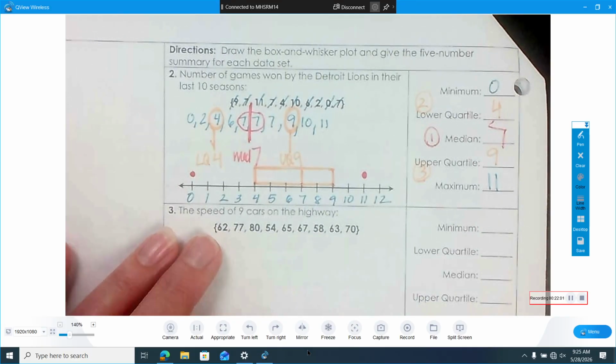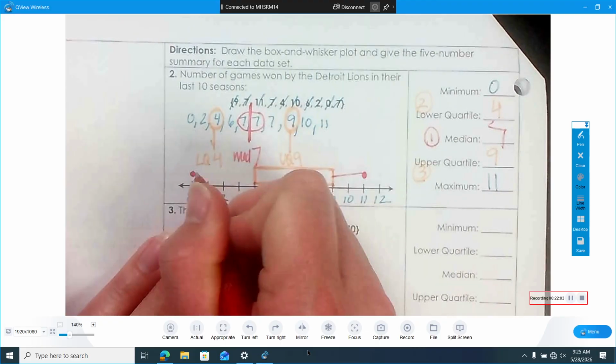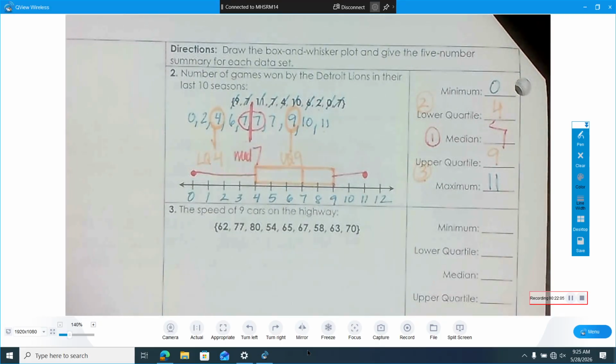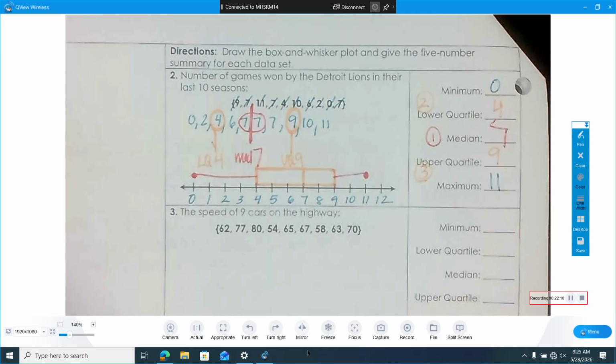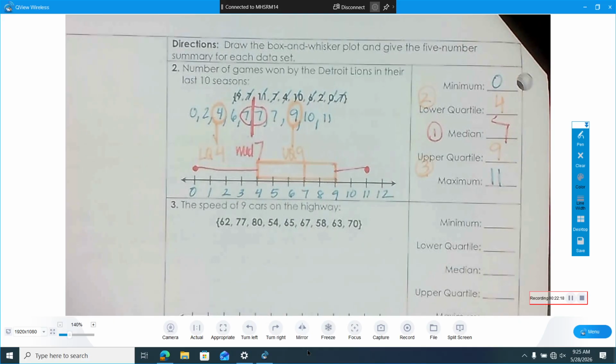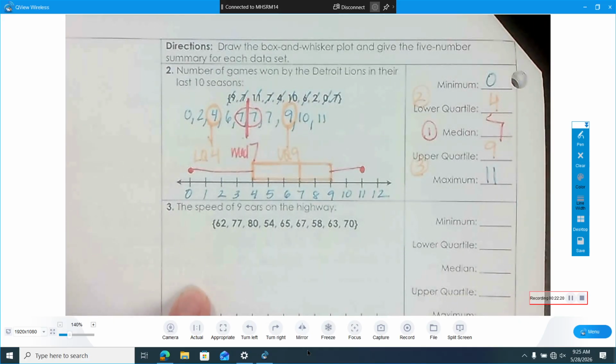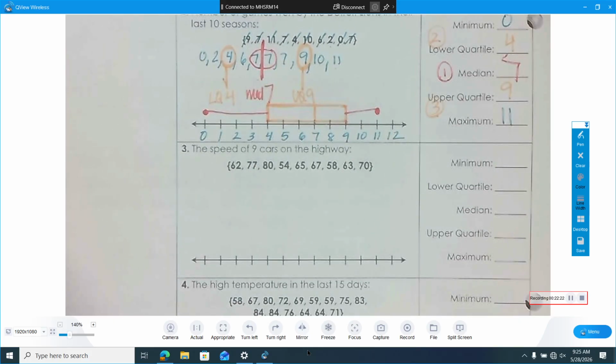And then I can connect my whiskers to my box. Does your box look pretty good? Yeah. All right. Beautiful.